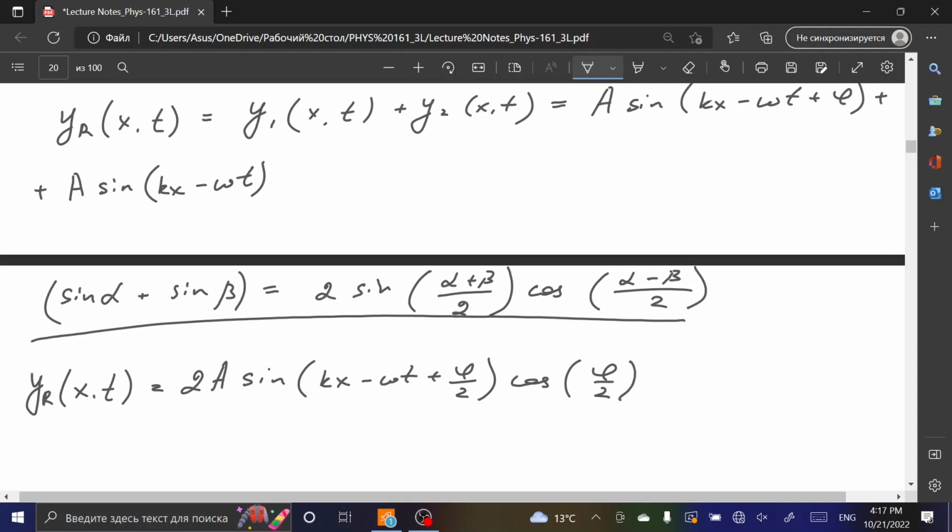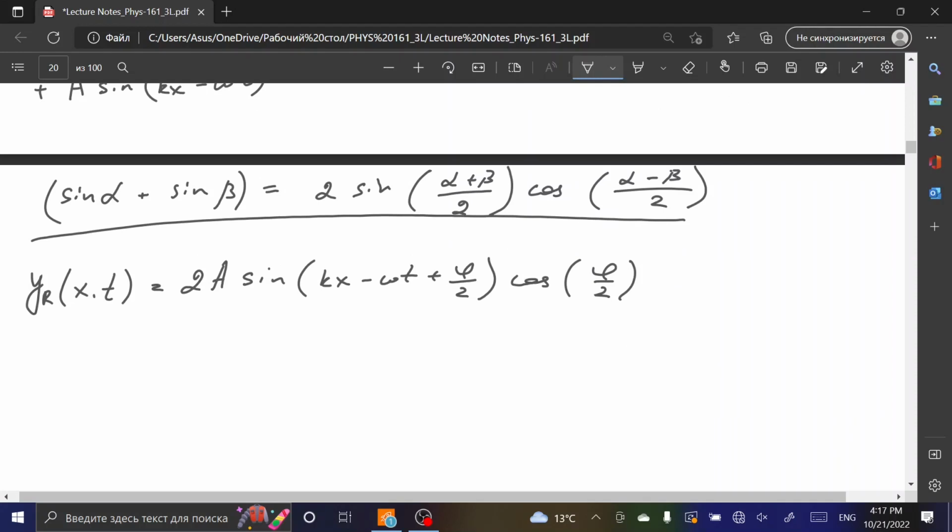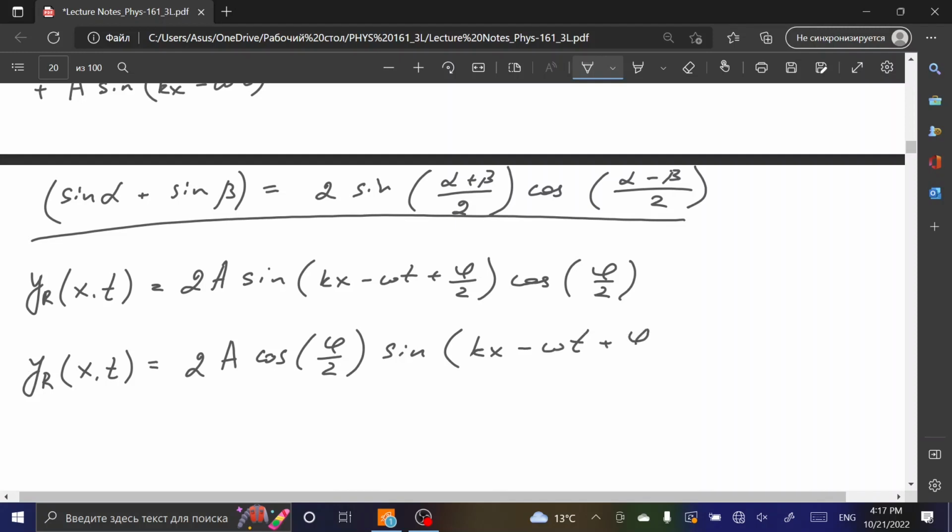So for the final form, we need to rearrange it a bit. We have in front of the sine all the time-independent parameters. Yr as a function of x and t is equal to 2a times cos(phi over 2) times sin(kx minus omega t plus phi over 2).